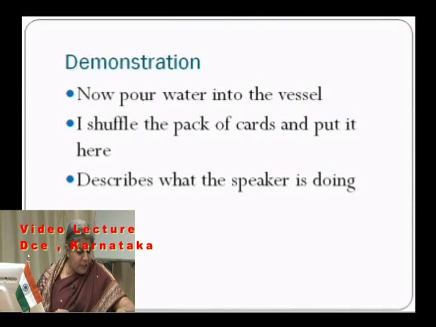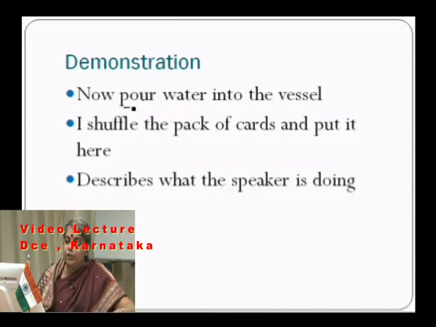For demonstration. Now demonstration means what? In demonstrations, the speaker describes what he or she is doing. Now look at this sentence. Now pour water into the vessel.